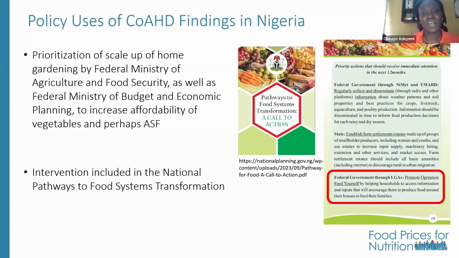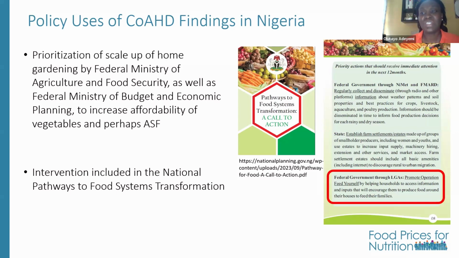So in terms of high prices, in 2021, when the cost was calculated with the survey data, we could show the government that, look, this cost is really low, but so many people cannot afford it. And the numbers were clear. Even when you use minimum wage, it was clear that affordability was a problem. And the government was developing the National Pathways to Food Systems Transformation for the UN Food Systems Summit at that time.